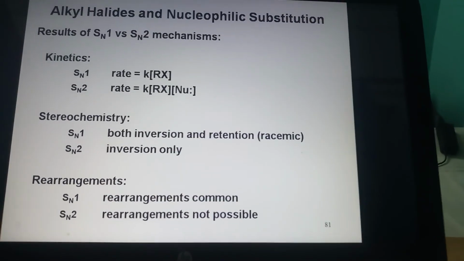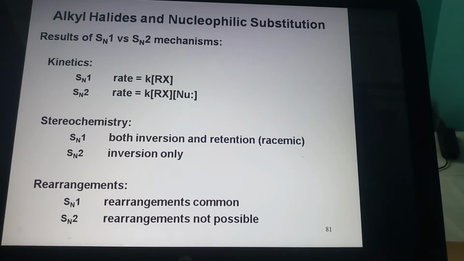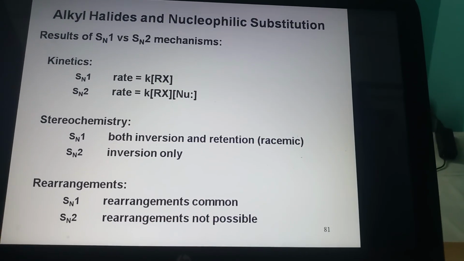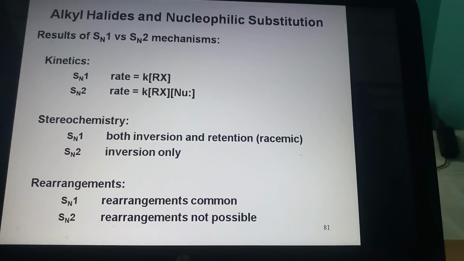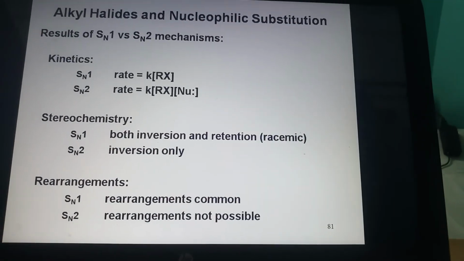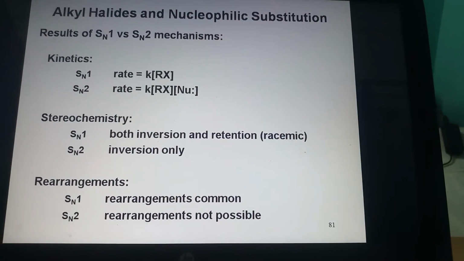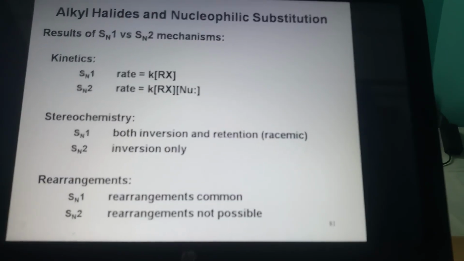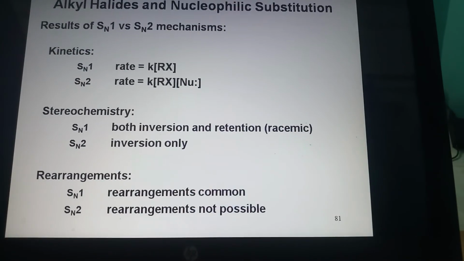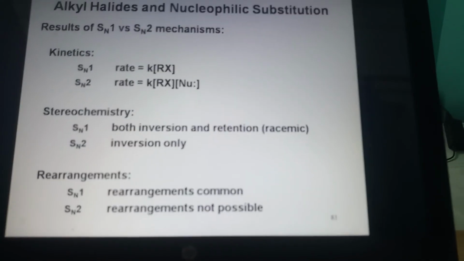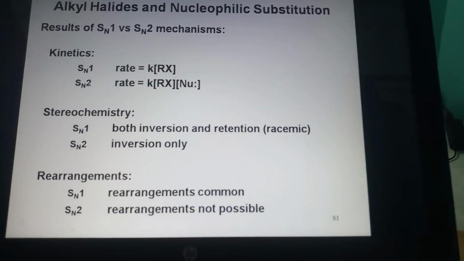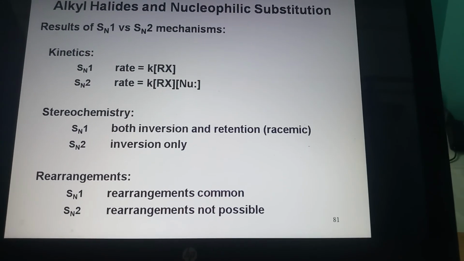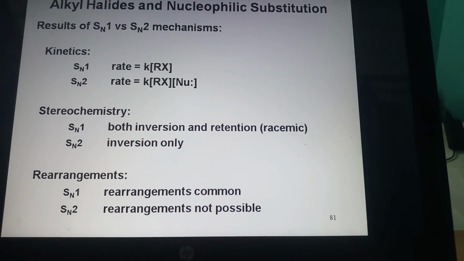If we consider kinetics, in case of SN1, the rate only depends on the concentration of the substrate. In case of SN2, the rate of the reaction will depend on the substrate and the nucleophile also. Stereochemistry: in case of SN1, both inversion and retention, a racemic product. Finally, we will get racemization.